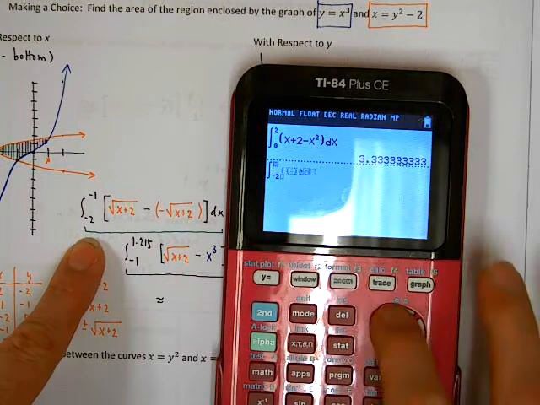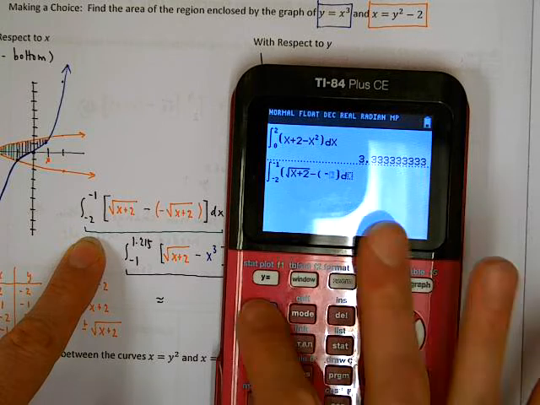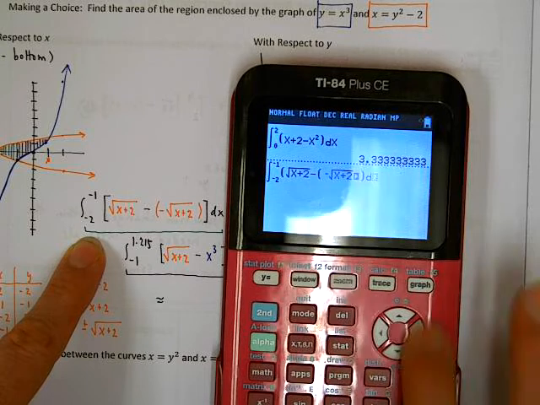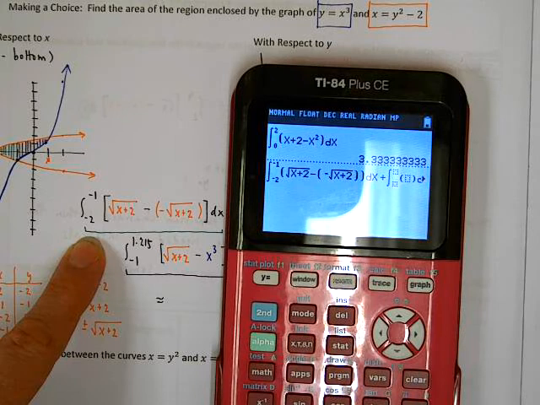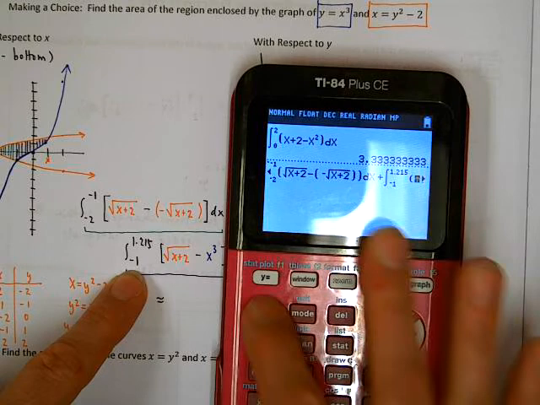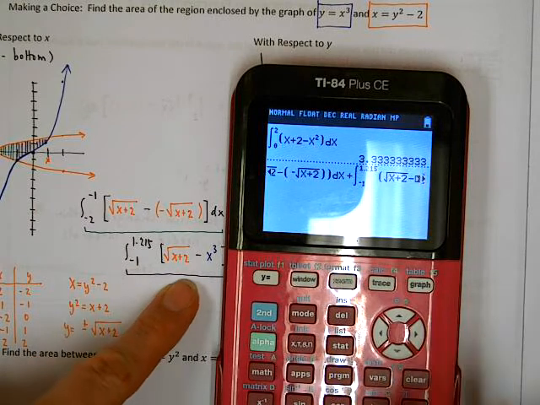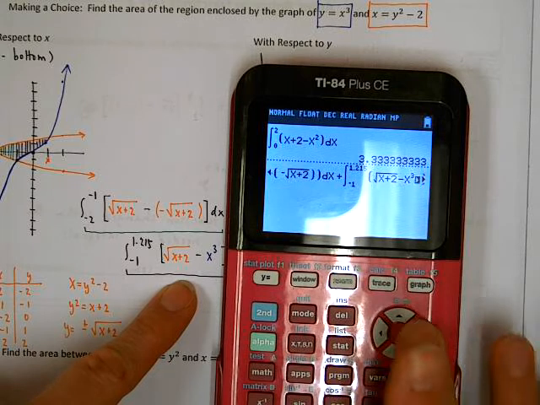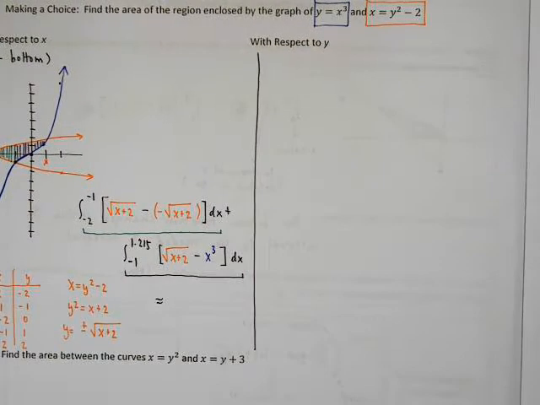So -2 to -1, I've got square root of x plus 2 minus the opposite square root of x plus 2 dx plus the integral from -1 to 1.215, got square root of x plus 2 minus x cubed dx, and I get 4.215.